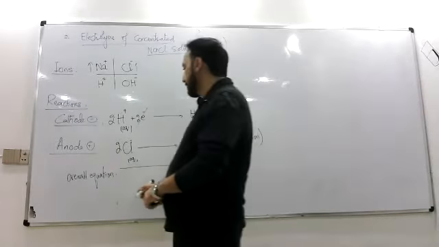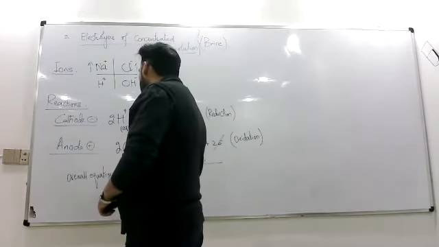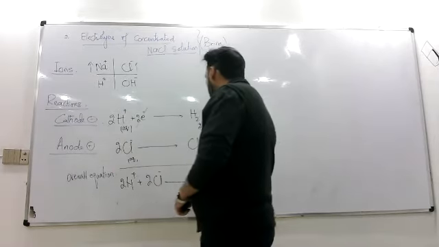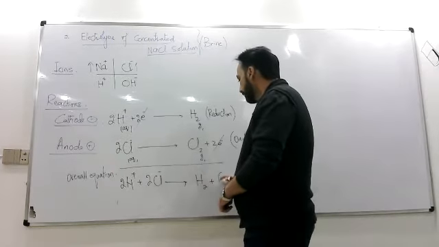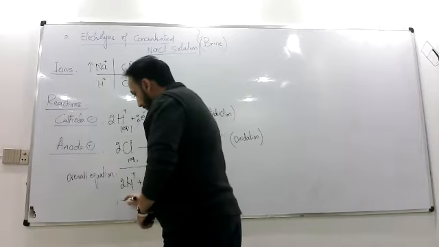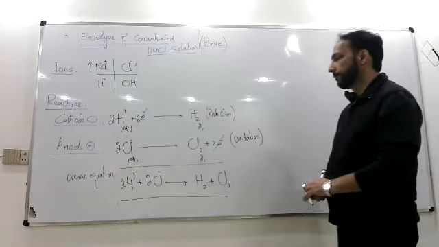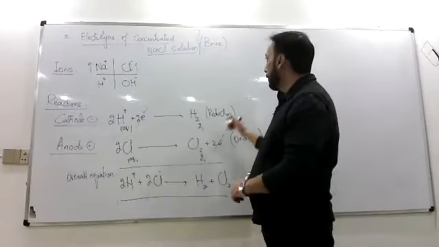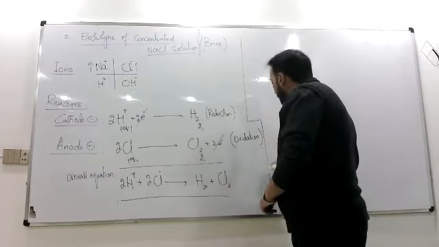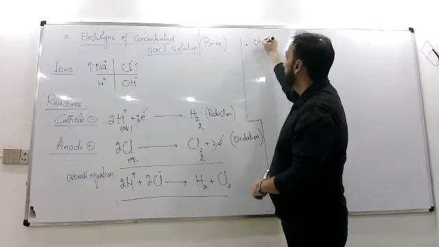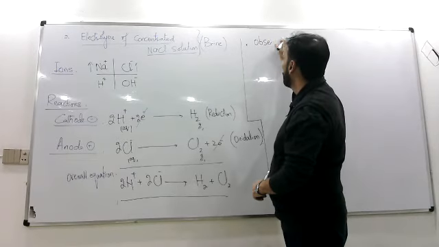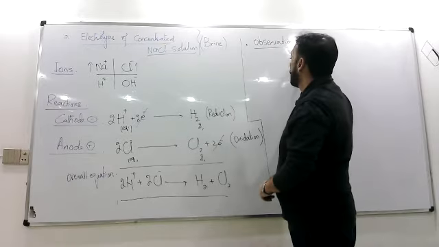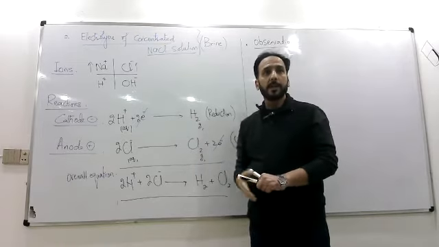What I'm left with is 2H+ plus 2Cl⁻ gives H2 plus Cl2. I mean, these two are the products at cathode, anode. So for the observation, what do we see at cathode, anode? We see bubbles around the cathode.